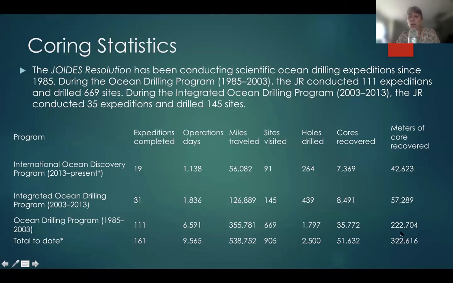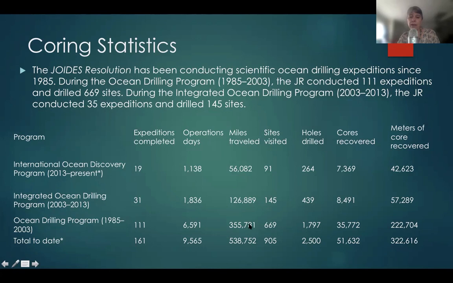And so you can see that core recovery has gone up dramatically over time. We've got better and better at coring. And we've started to break some of the rules, or some of the records.